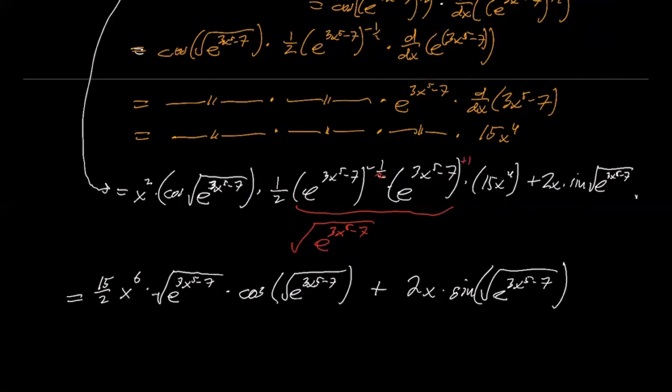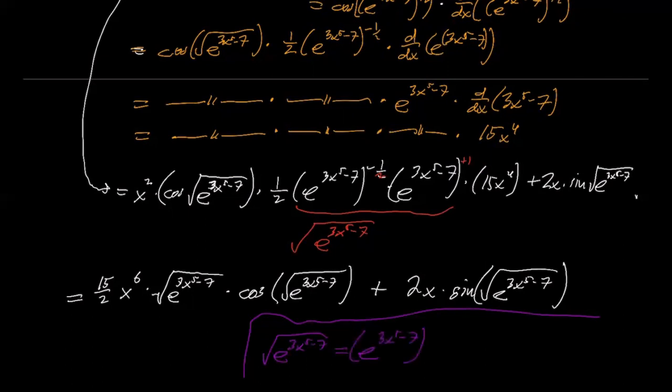I will say the one thing that I probably could have made my life a little easier, and why this ended up happening right here, is really, let me just write this as an aside, that the square root of e to the 3x to the 5th minus 7 is actually e to the 3x to the 5th minus 7 to the 1/2 power, like we mentioned. But there's successive exponents here.